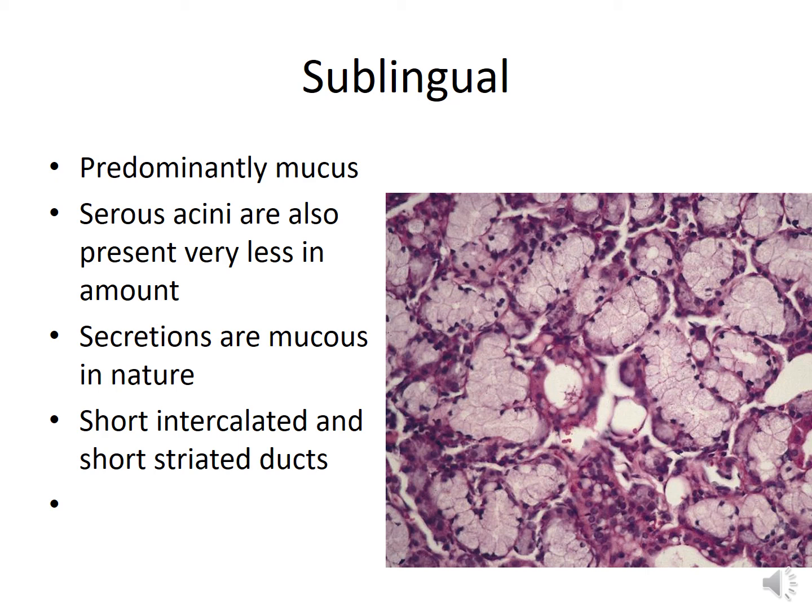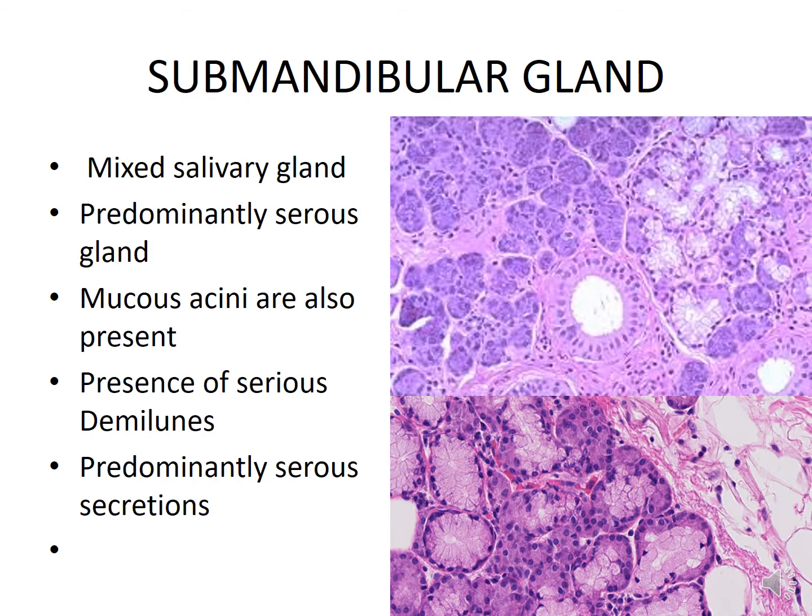Secretions are mucus in nature, so not such long intercalated and striated ducts are needed. There are short intercalated and striated ducts in this type of gland. In the histological section, we will find very few sections of the intercalated and striated ducts because they are short in length.